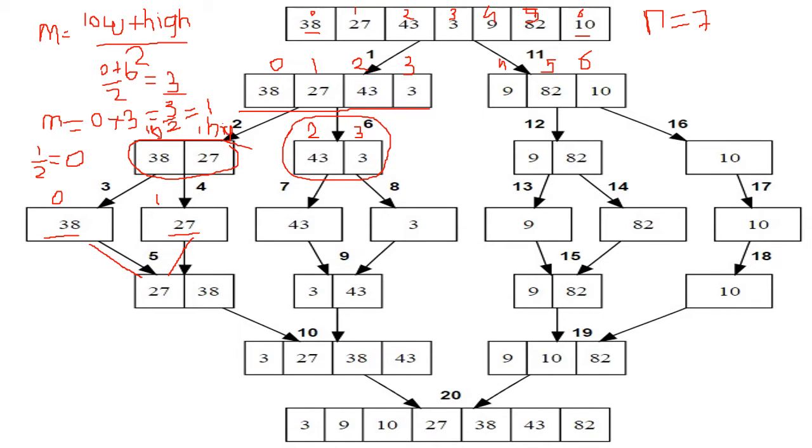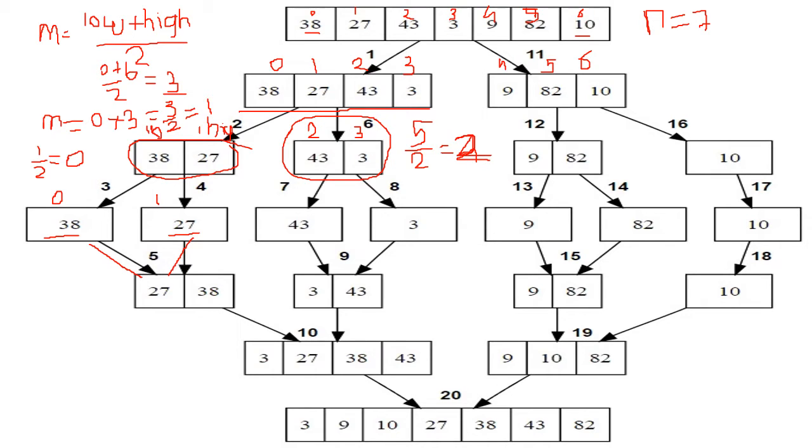That's why we can divide this sublist into further sublists. Here 2 plus 3, that is 5, and 5 divided by 2, we get the mid value as 2. Sorry, mid value is 2. Here we get a mid value of 2.